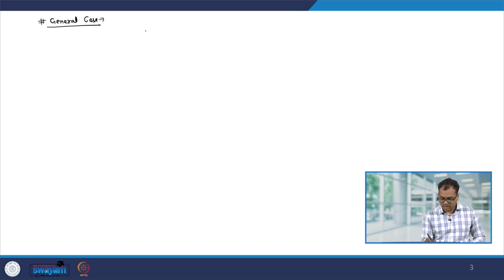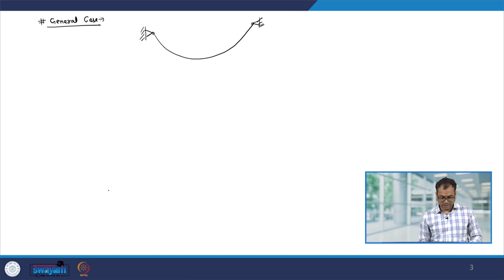So, let us say I have a cable and this cable is hanged between these 2 points, and let us say on this cable there is some non-uniform load which is applied.